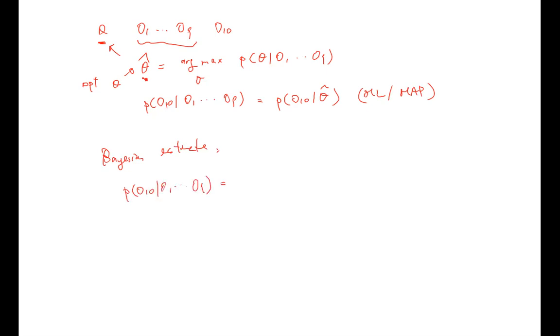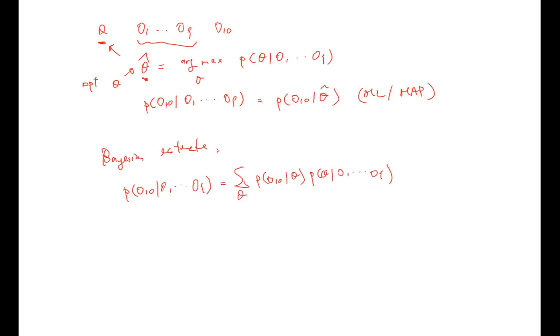What I'm going to do is estimate this as P of O10 given theta, times P of theta given O1 to O9, and sum over theta.